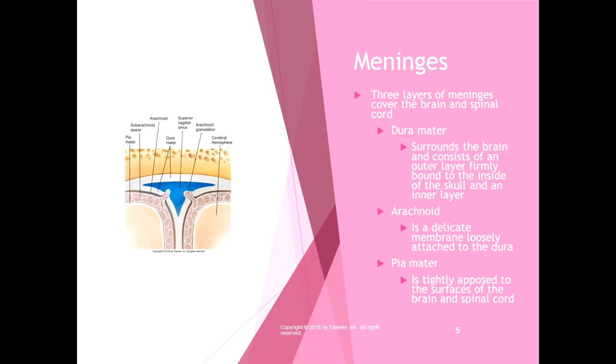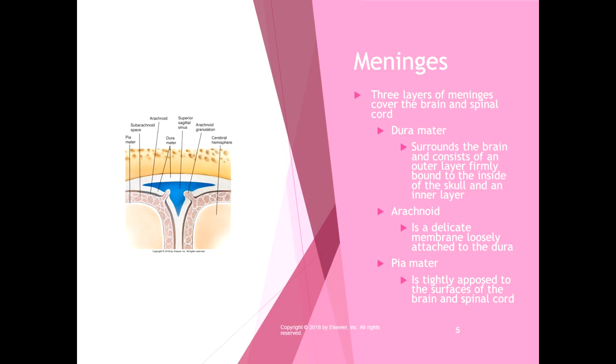So you can see in this picture, it shows the fluid underneath the arachnoid, in between the dura and the arachnoid, and there's a lot of reabsorption of the fluid going on there.